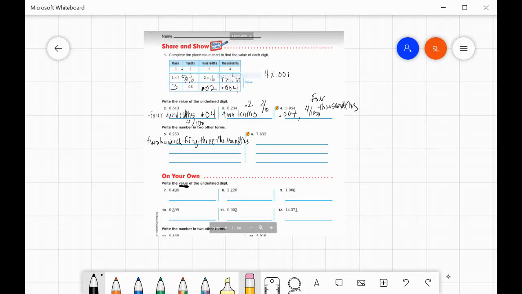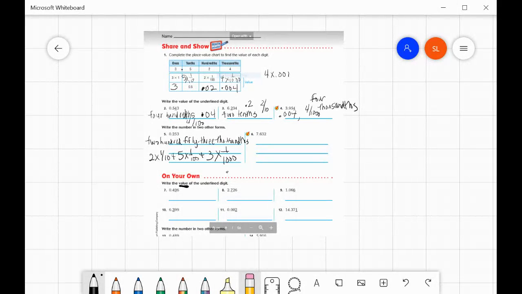And the other way to write it is 2 times a tenth plus 5 times a hundredth plus 3 times a thousandth.